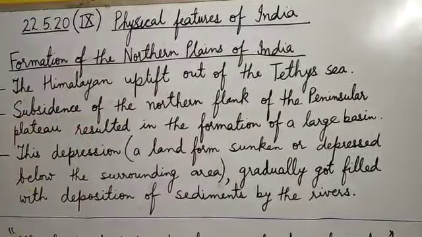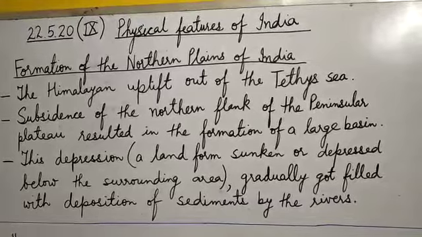This depression was gradually filled with the deposition of sediments brought down by the rivers of the Himalayas, like I said, Indus, Brahmaputra and Ganga, and also the rivers of the Peninsular Plateau, like the Chambal, Betwa, Ken, Son. These rivers filled that depression.